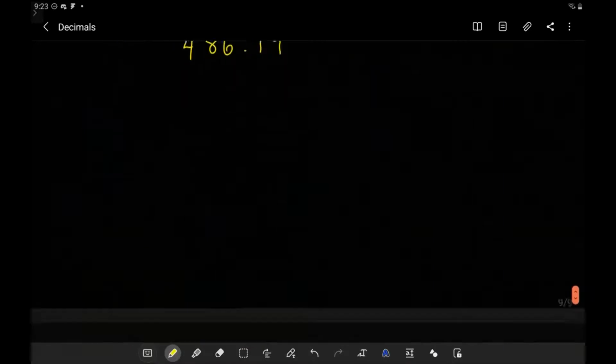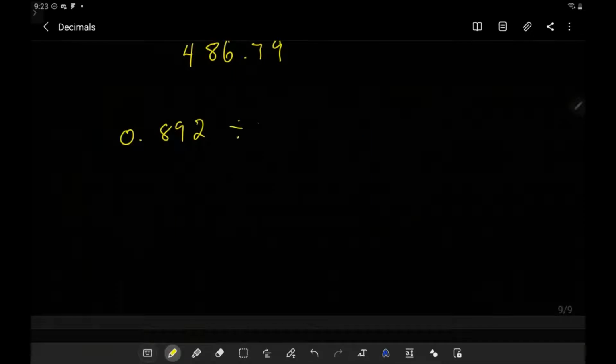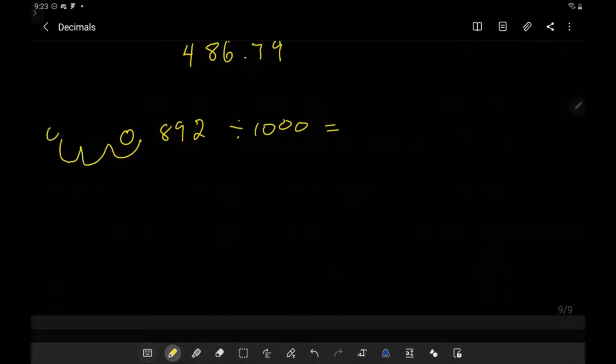All right, for example, if you had 0.892 divided by 1,000, you move 1, 2, 3 places, so that will be 0.000892. All right, we just move the decimal point that way instead.